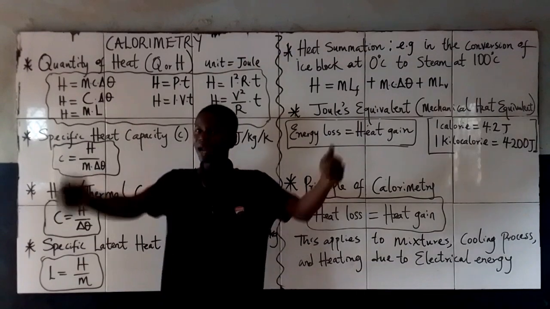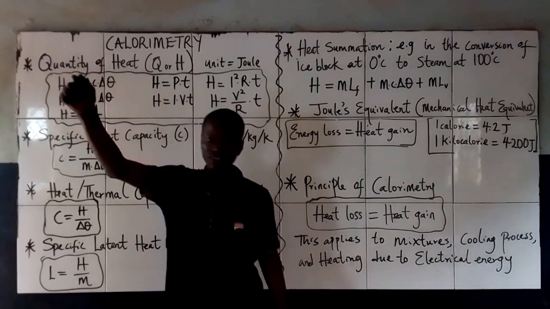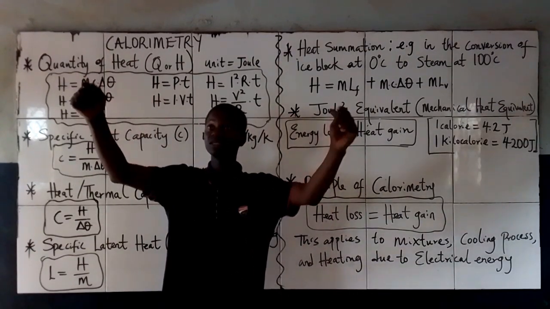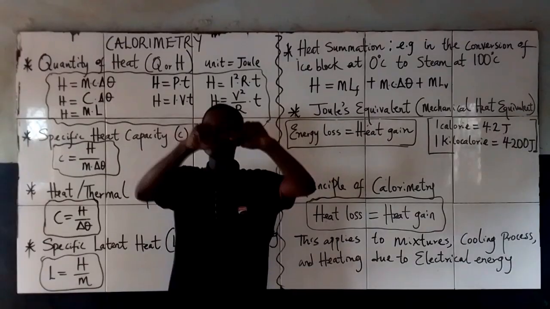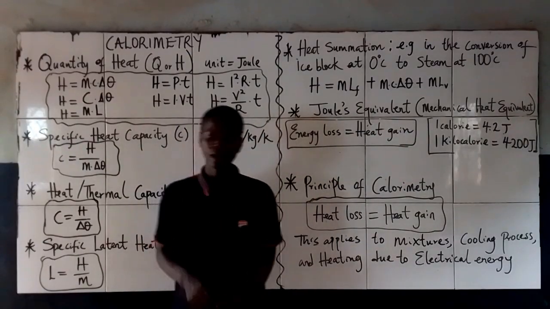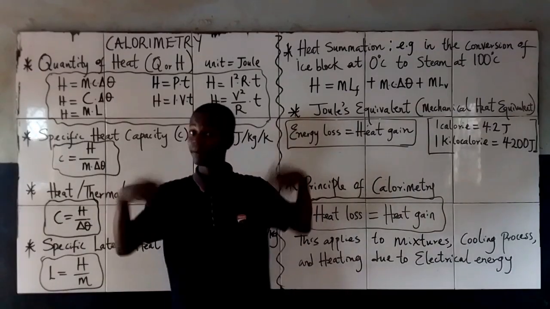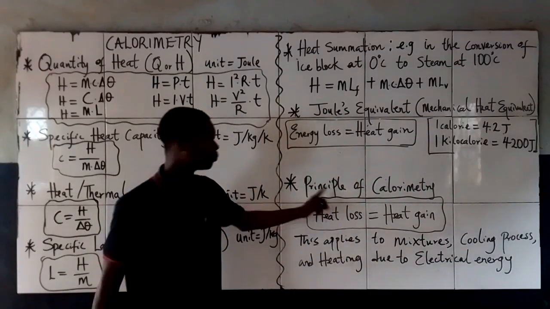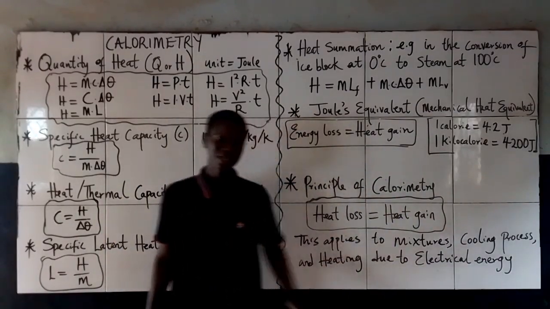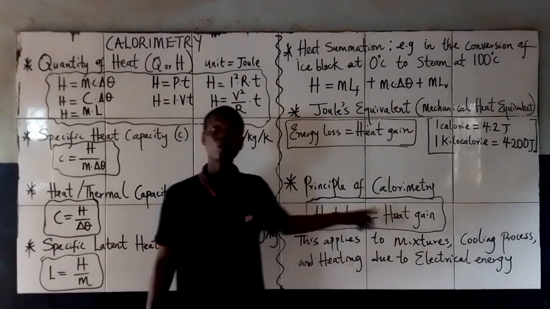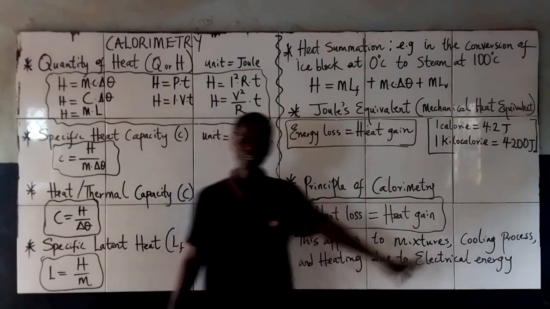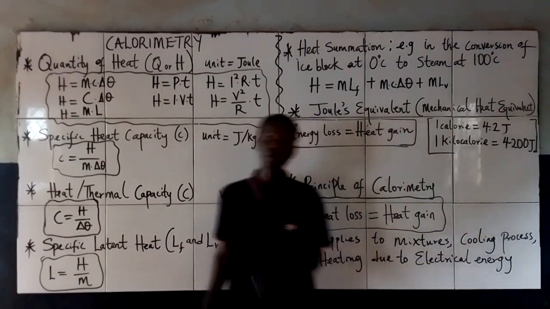They will reach a balance. So imagine from 80 decreasing, while from 10 increasing. They will reach a balanced temperature, let's say 40 degrees Celsius. By the time you put your hand and say, okay, this one is okay for me to take my bath, what you just applied is the principle of calorimetry: whenever there's a heat loss, there will always be a heat gain.